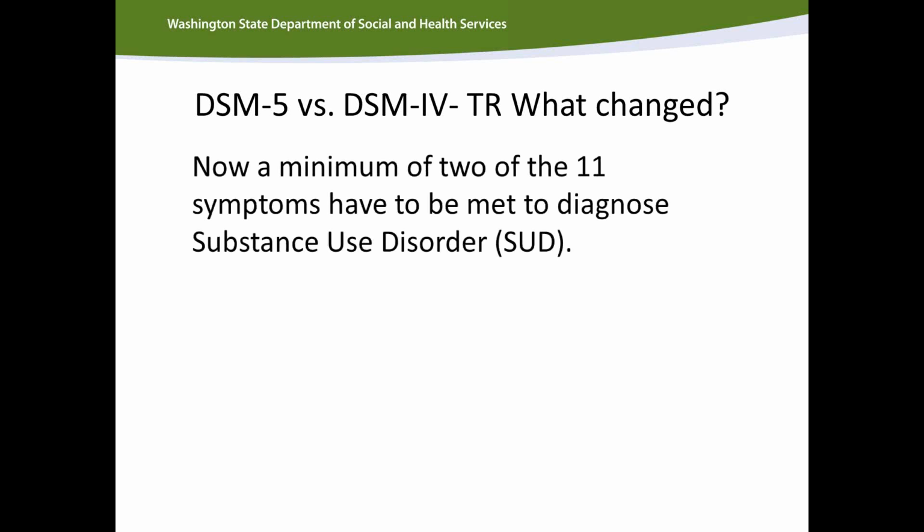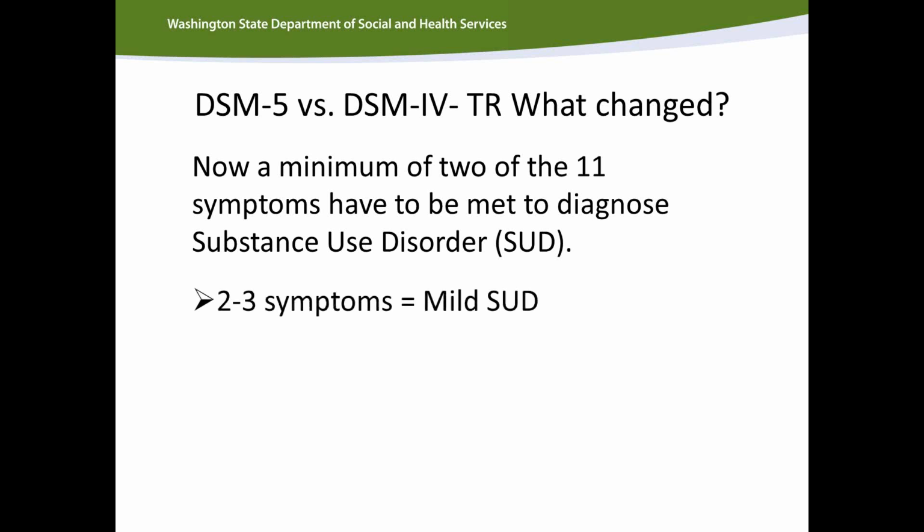What we see now is a change in the number of symptoms that are needed to have a diagnosis. Now there's a minimum of 2 of those 11 symptoms that have to be met in order to diagnose a substance use disorder. 2 to 3 symptoms, which would be the mildest of the conditions, would mean it's a mild substance use disorder.